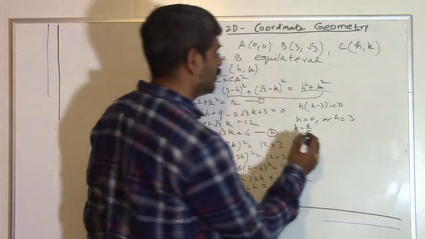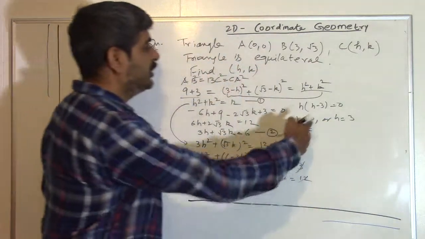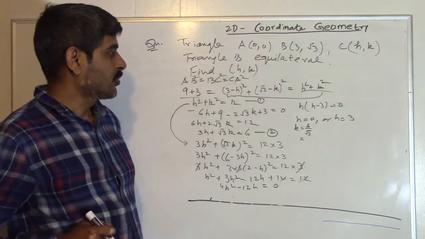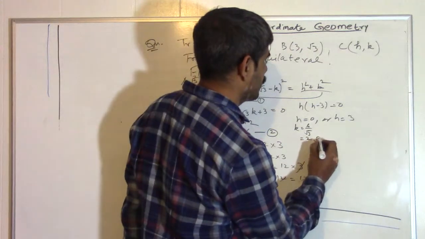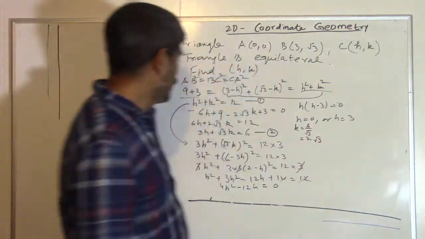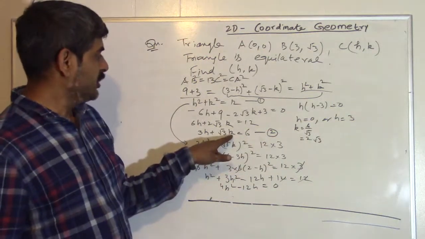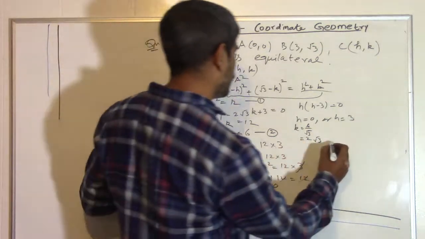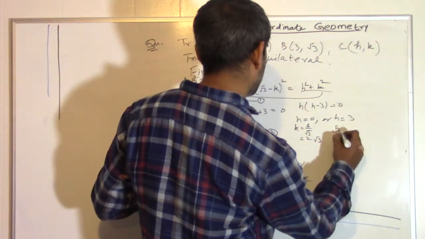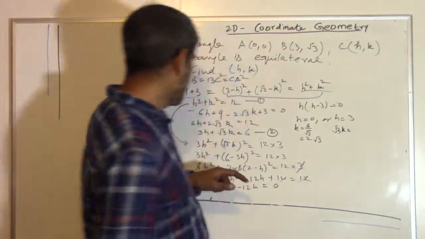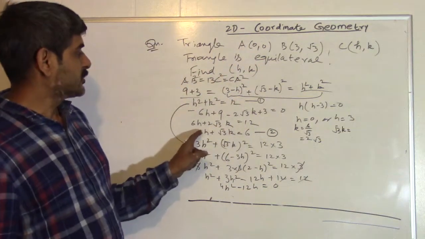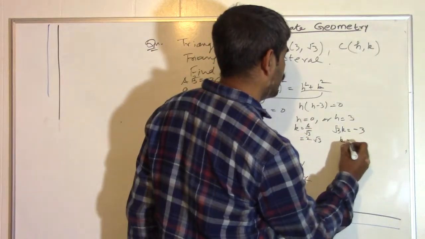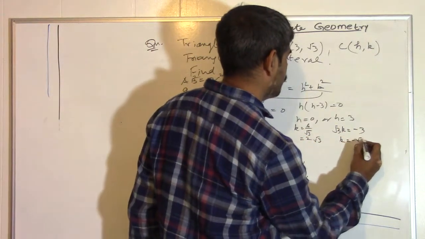So this is becoming square root of 3 multiplied on the top and bottom, becomes 2 root 3. And if I put h equal to 3 here, then square root of 3k becomes 6 minus 9, minus 3, or k is equal to minus root 3.